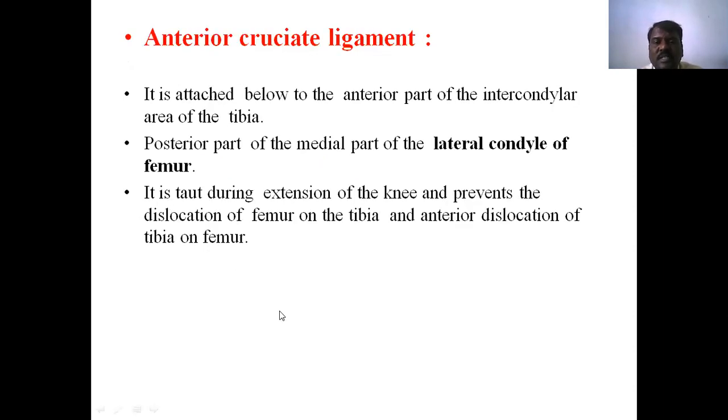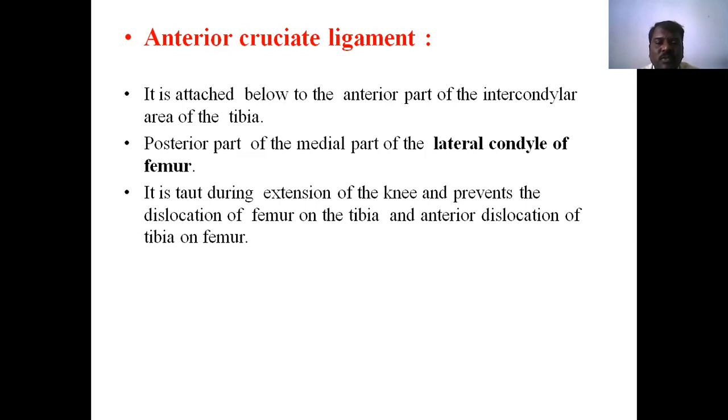So first we'll discuss the anterior cruciate ligament. This is the band. It is attached to the anterior part of the superior surface of the tibia. We can identify the intercondylar area, an irregular area on both sides, with a shallow groove surface.